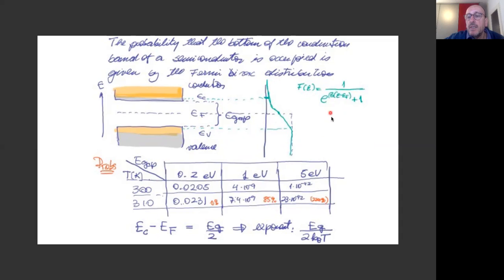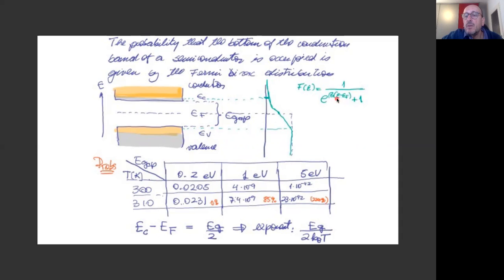Beta is 1 over kBT. I should have told you that before. I think I wrote it down in the last lecture, but it should have been here. So 1 over 0 is infinity. So e to the infinity is equal to 0.